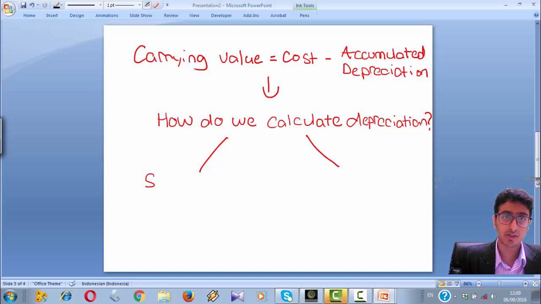The first one is a straight line method. And the second one is the reducing balance method.